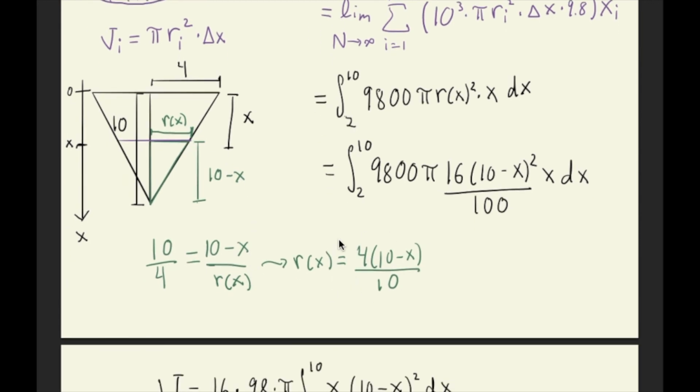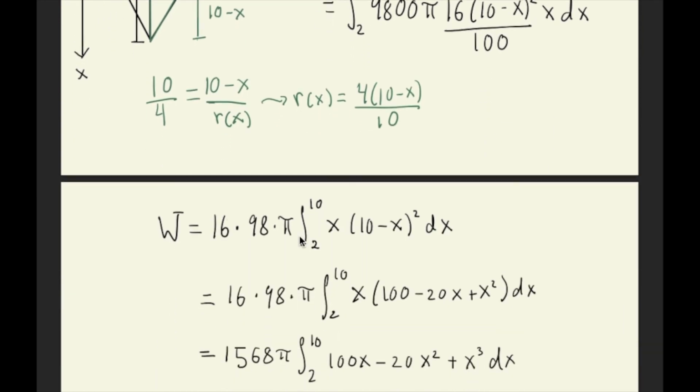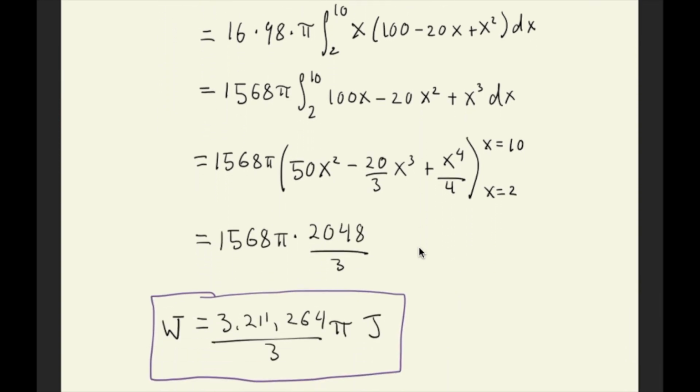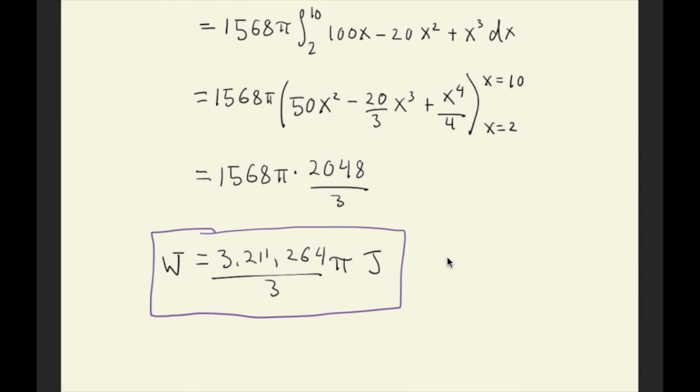We solved for r of x here. So we took this and plugged it into r of x squared, and we got this term: 10 minus x squared, 16, and 100. Then we simplified some stuff, pulled some numbers out, solved the integral, and computed the work. The numbers were a little bit big, but it's just part of the process.